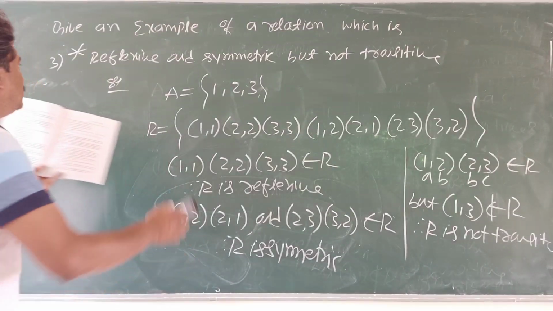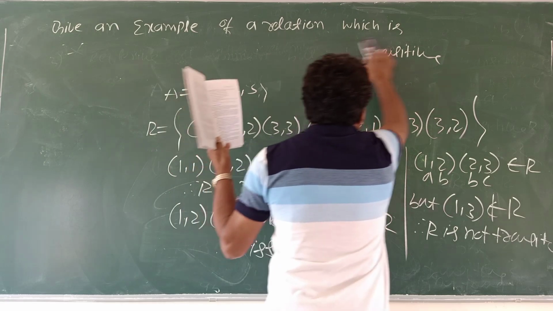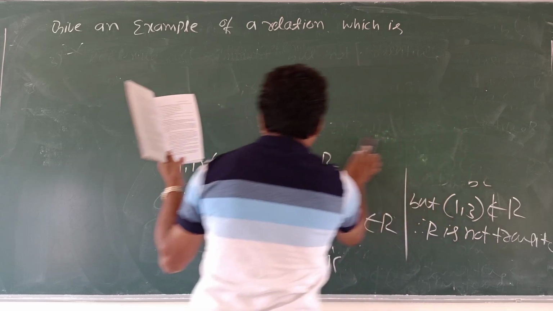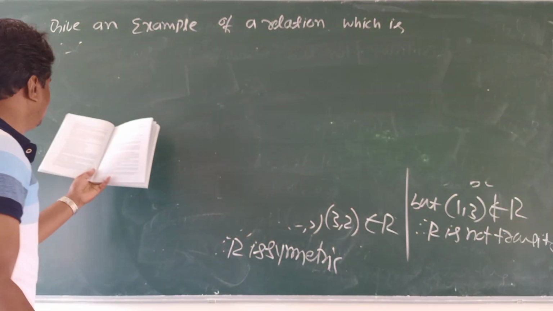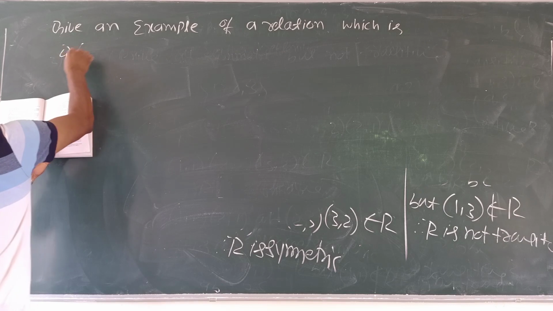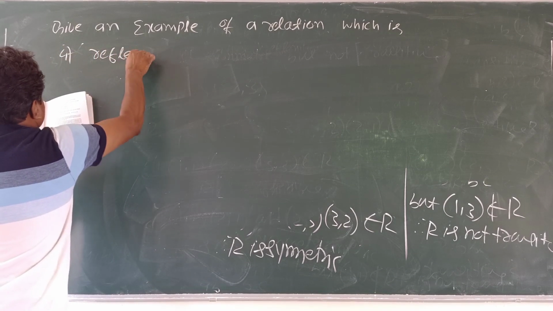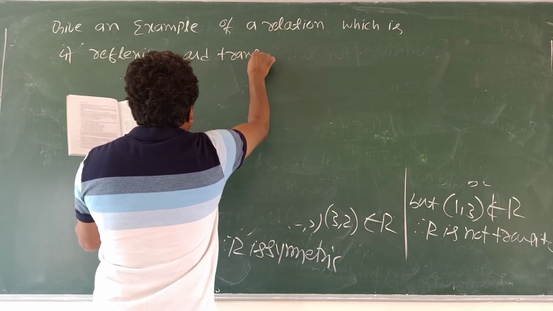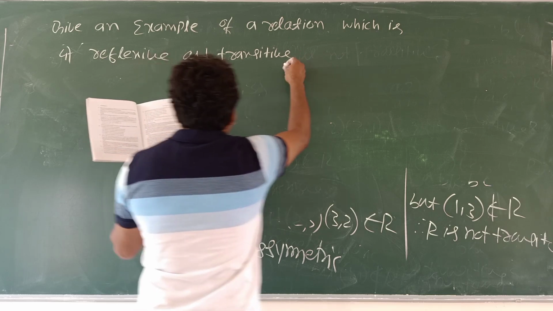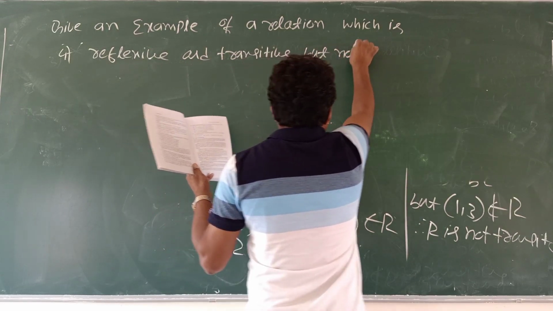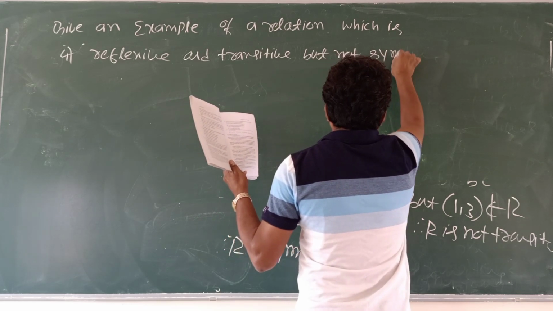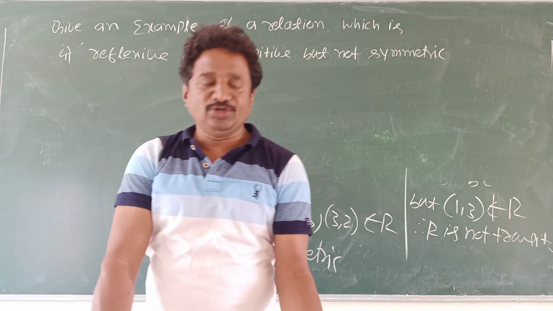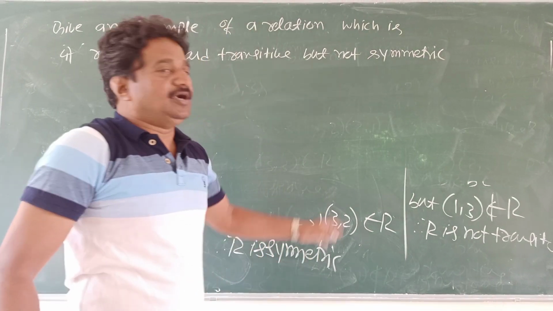Let's go for one more question, students. Next question: reflexive and transitive, but not symmetric. It's an easy question.